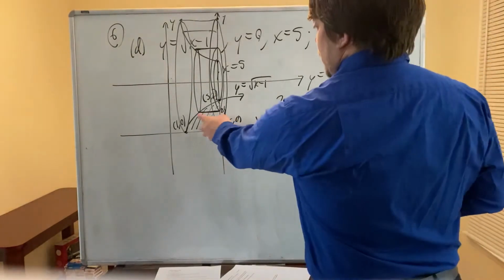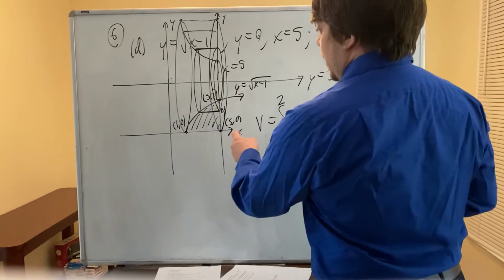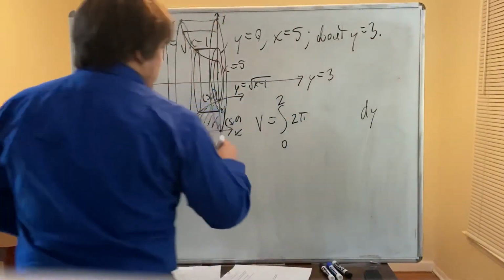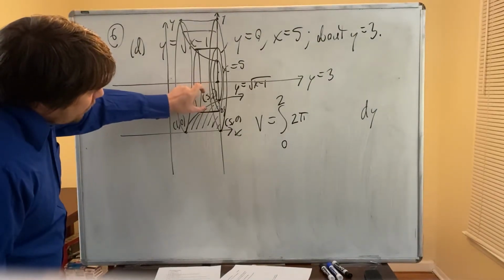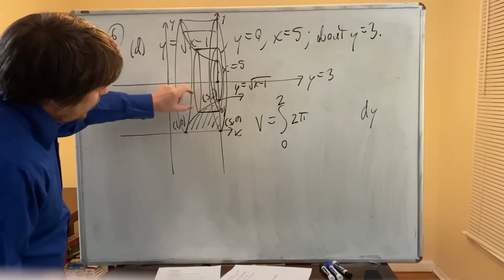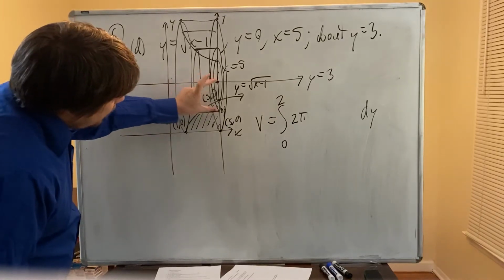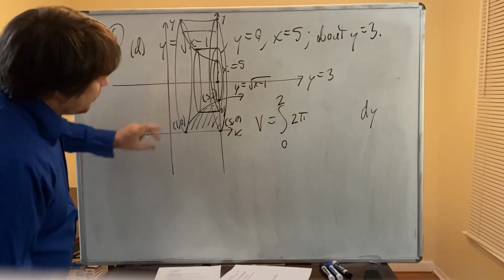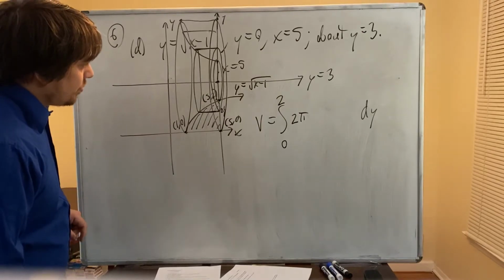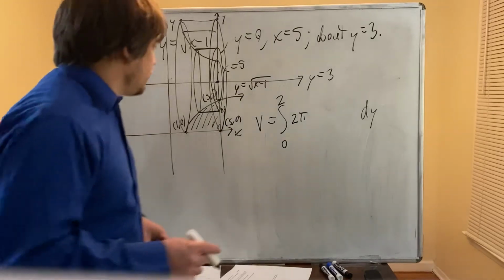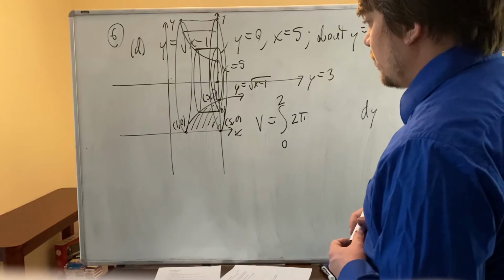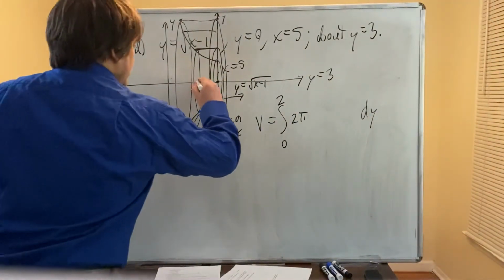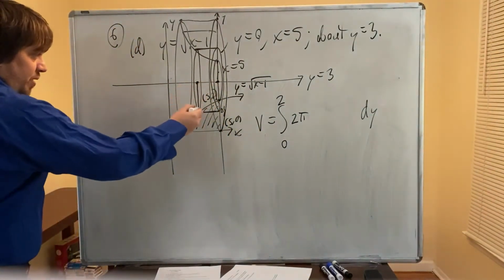It's cylindrical shells, so it's 2 pi times the radius. The radius of the circle, this is the center of the circle, and the radius is here.